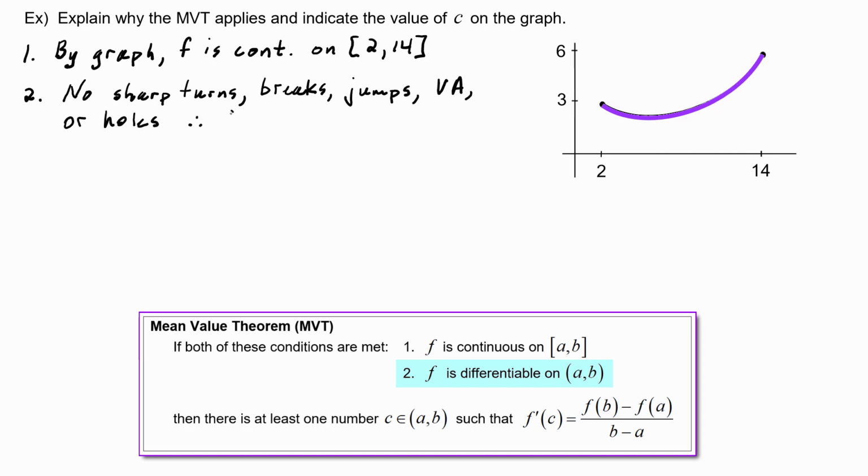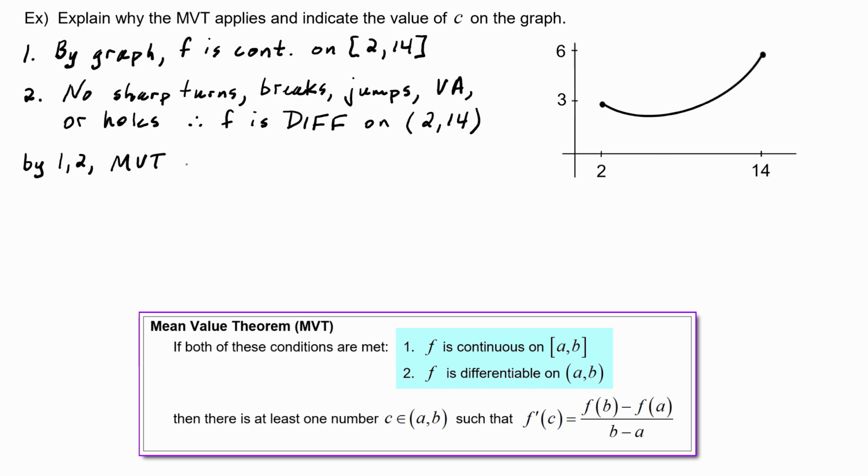So therefore, f is differentiable on the open interval 2 to 14. Remember, when a graph has no sharp turns, breaks, jumps, vertical asymptotes, or holes, we can say that it's a smooth curve. So by 1 and 2, the mean value theorem applies.